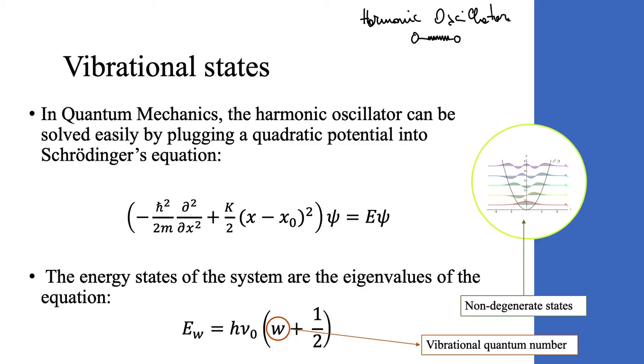It turns out that if you have an oscillator like this one, then this oscillator can only have a particular set of energy levels. It doesn't have a continuum of energies, but it can only occupy certain energy levels.